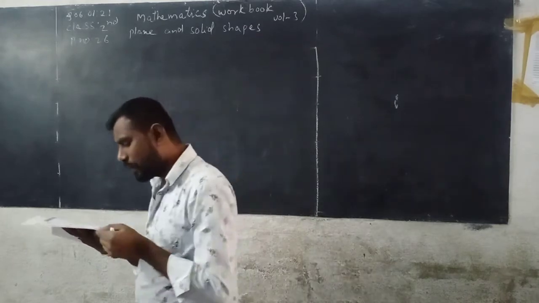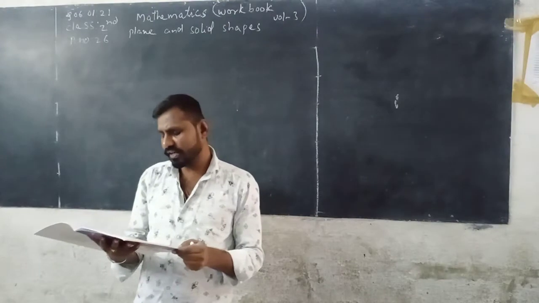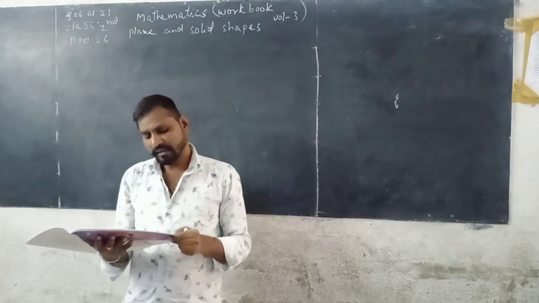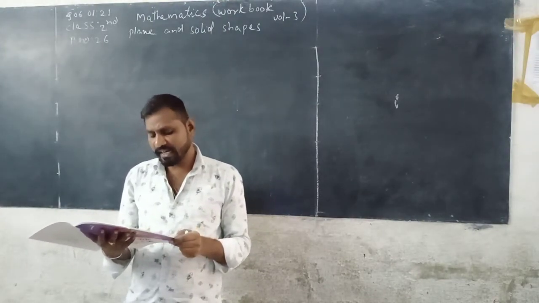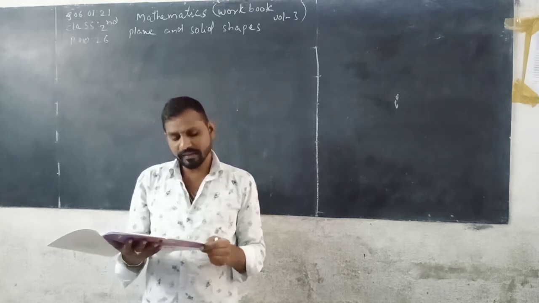See here, make as many shapes as you can from the following picture. When done, count the number of individual shapes and write in the respective shapes given on the right side.